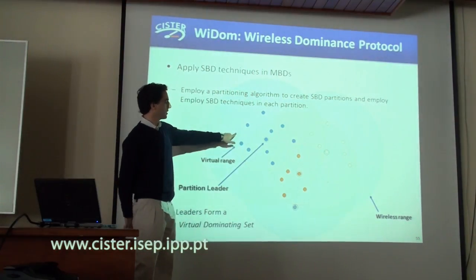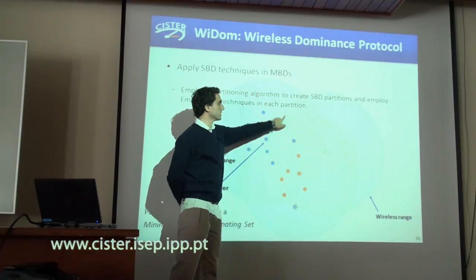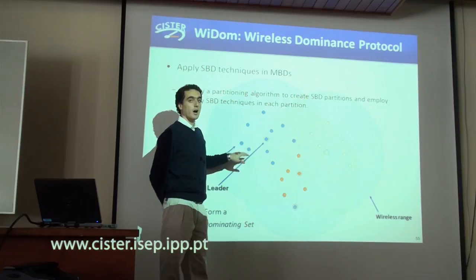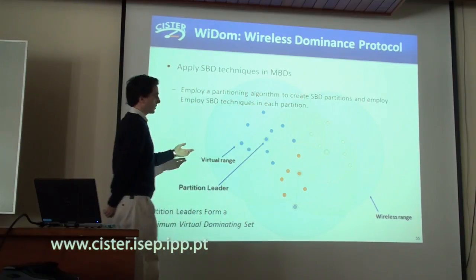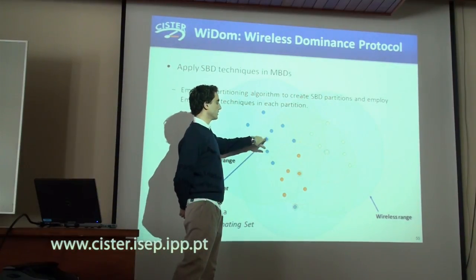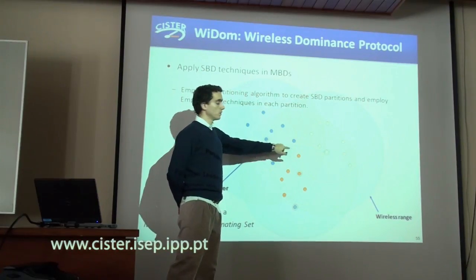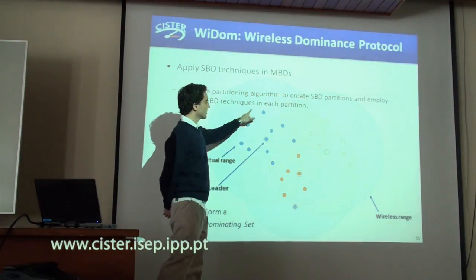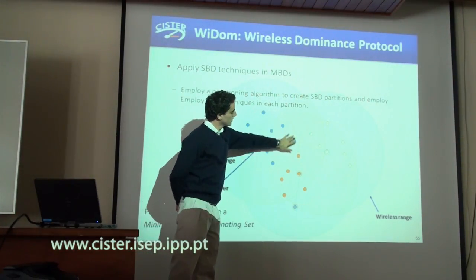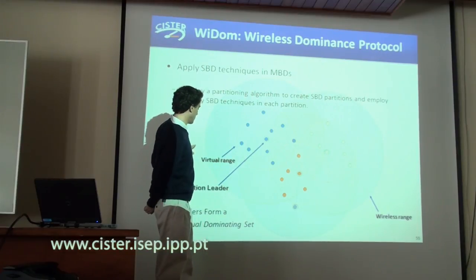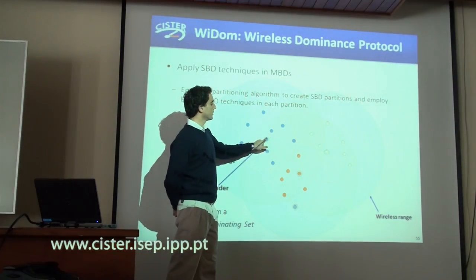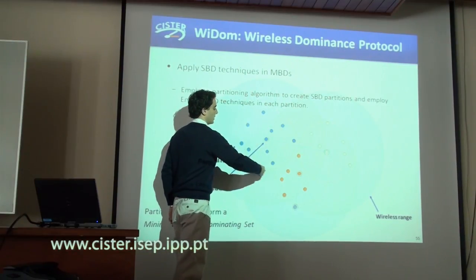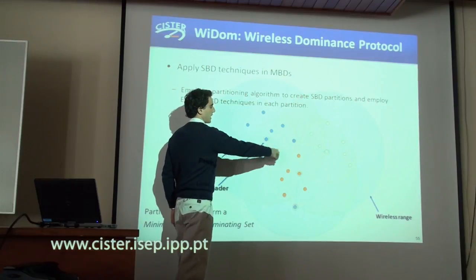Virtual because we are using a virtual range that enforces that all nodes in this range are in the same broadcast domain. And it's a dominating set because all nodes are either in the set or they are neighbors to the nodes in the dominating set. So we form this clustering algorithm that makes these single broadcast domains. What you see drawn here is the communication range of this partition leader, but we have a virtual range, and we make nodes cluster just inside that virtual range.